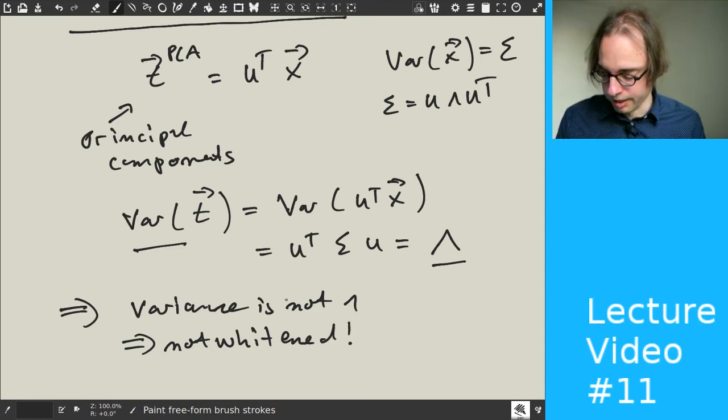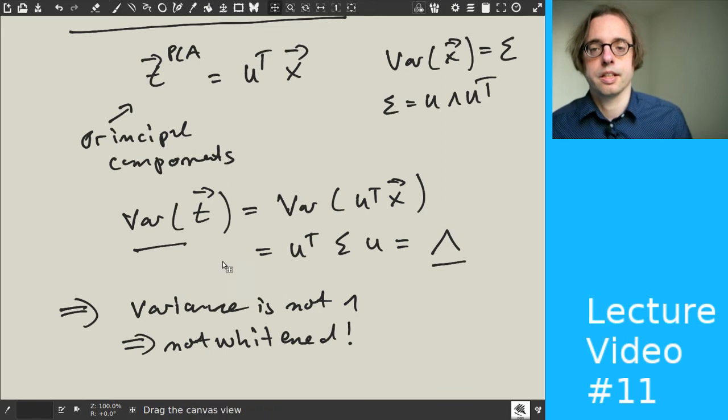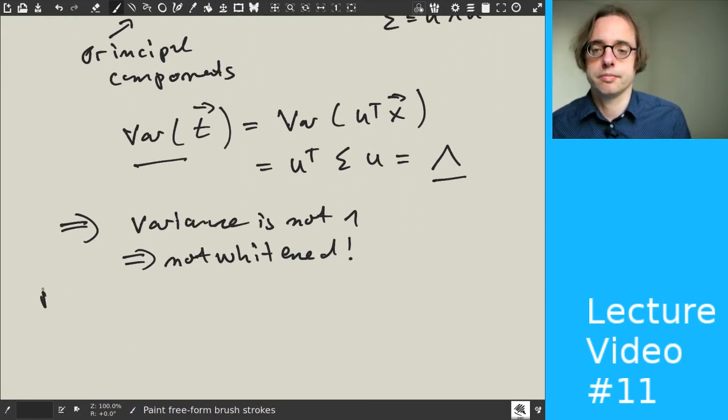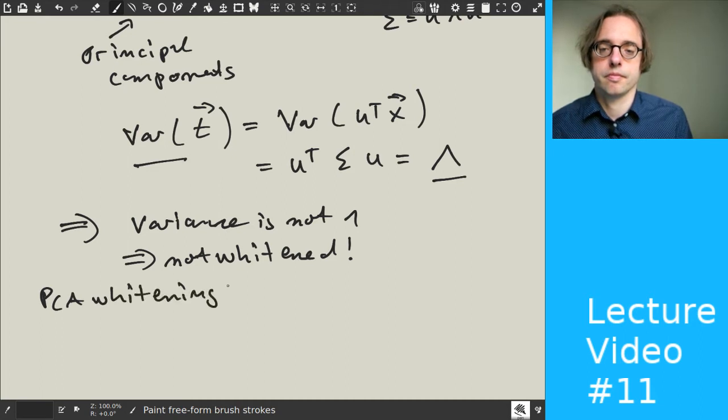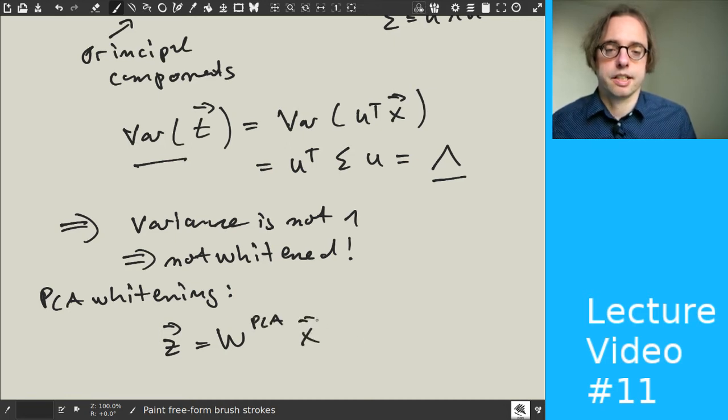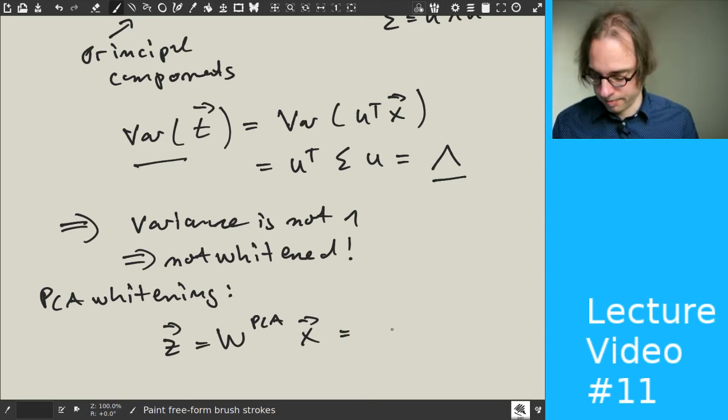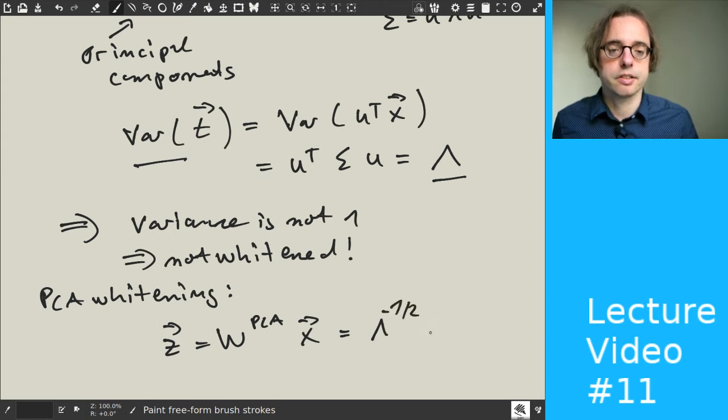So if we recall, PCA whitening was that we have Z, the whitening matrix times X, and that's lambda to the minus 1/2 times U transpose X. So that's PCA whitening.